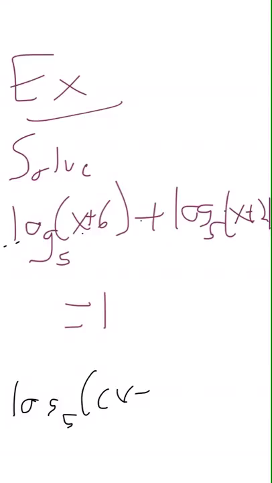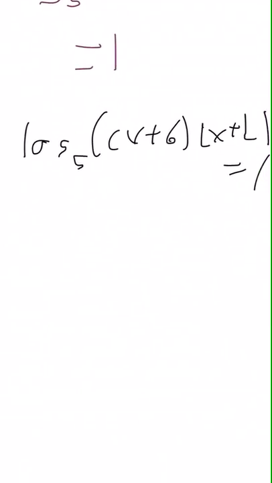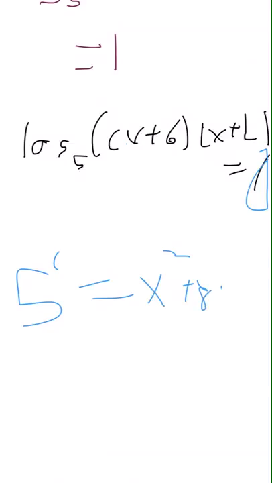So, log base 5 of x plus 6 times x plus 2 is equal to 1. Remember, we can rewrite a logarithm as an exponent. Take the base, which is 5, raise it to the power of what the logarithm is equal to, which is 1, and set it equal to the input, which is x plus 6 times x plus 2. So that'd be x squared plus 8x plus 12.